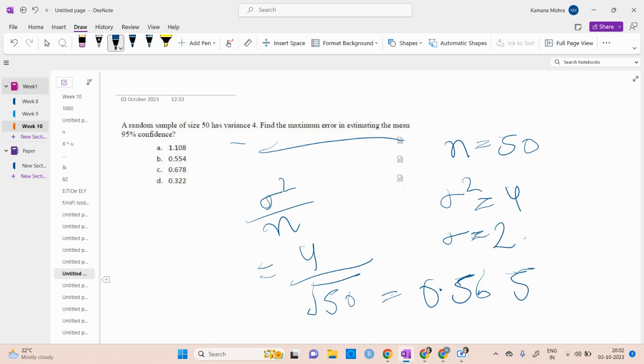So if you have sample of size 50 and you have not given anything, like literally anything, then sample will vary from the variance itself, right? So the maximum error it can happen is that if you have mean here and this is the variance, maximum error can happen is this error.